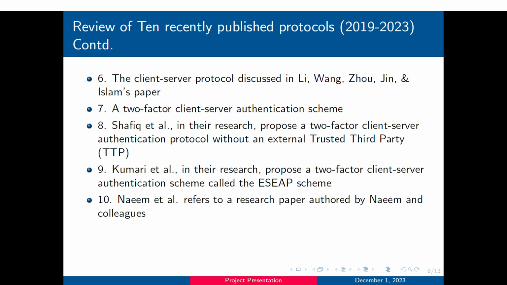And in the last paper, the authors proposed an improved client-server authentication protocol for RFID and IoT applications, addressing weaknesses identified in a previous scheme. The analysis compared the proposed protocol with other schemes, including symmetric key-based protocols, and demonstrated its superiority in terms of security, length, computation, and communication.